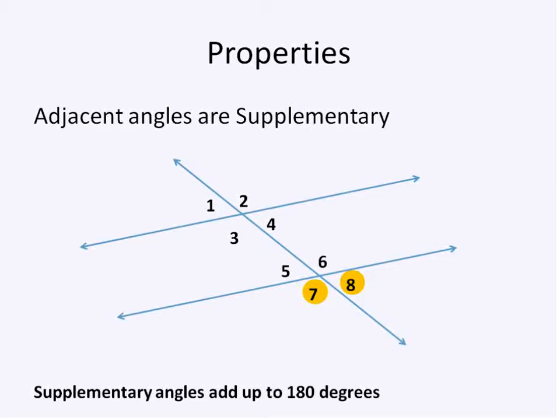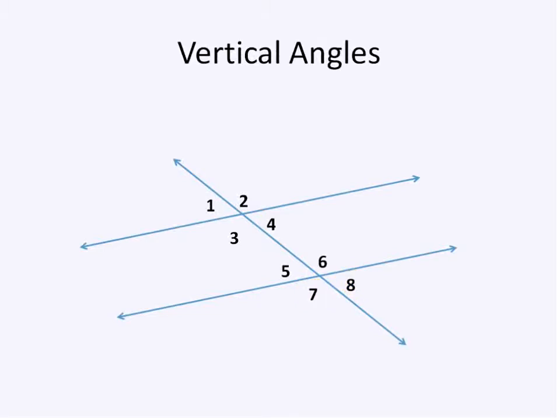These angles are supplementary angles. In other words, they add up to be 180 degrees. All right? And that is the key for finding, like I said, if you're given one angle measurement, you can find all other 8 because you know that the adjacent angles equal 180 degrees. And they added them up.